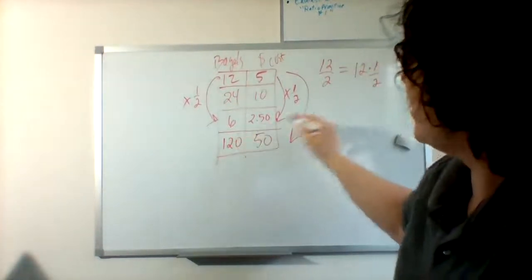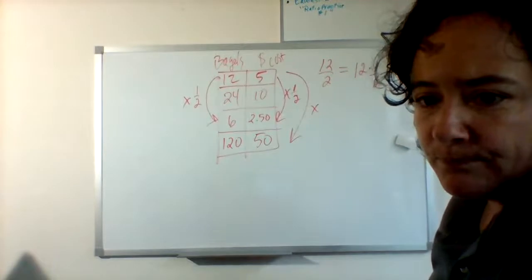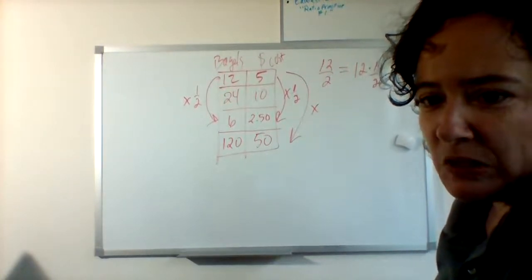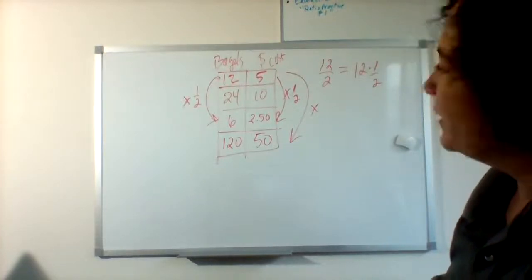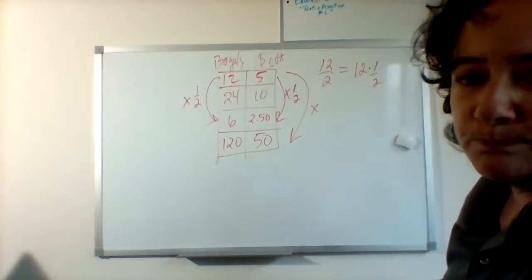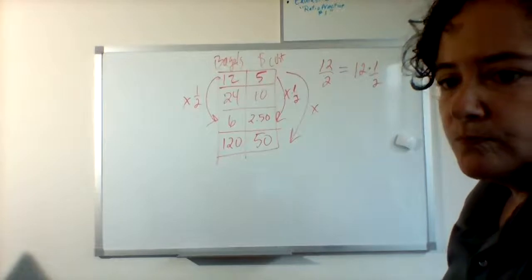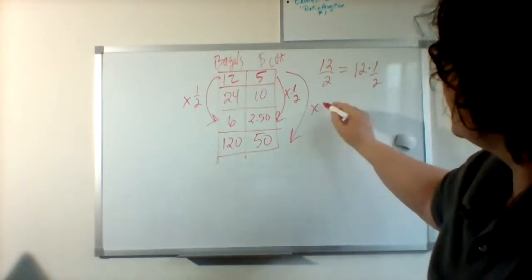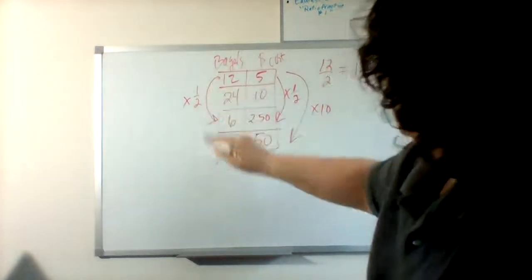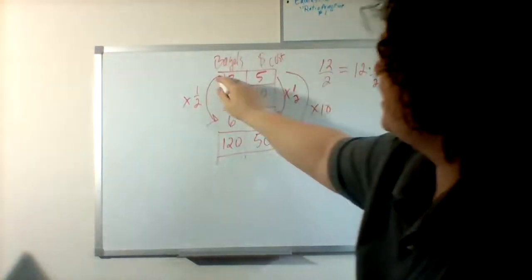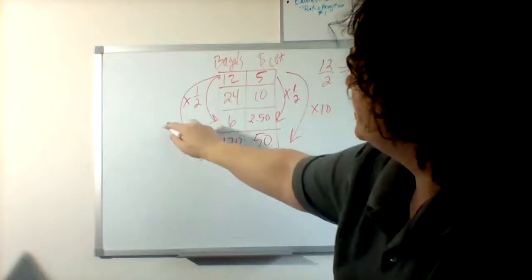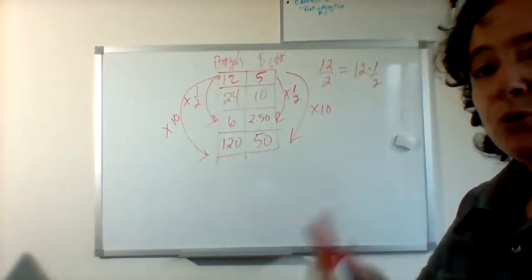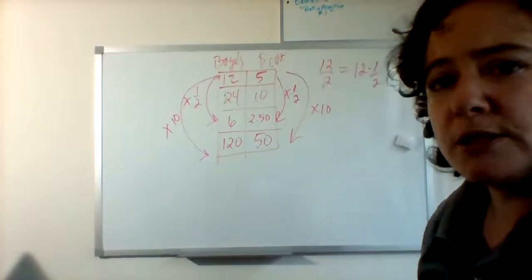What do I multiply by? 5 times... Yes, thank you, Kareem. 5 times 10 is 50, therefore 12 times 10 is 120.